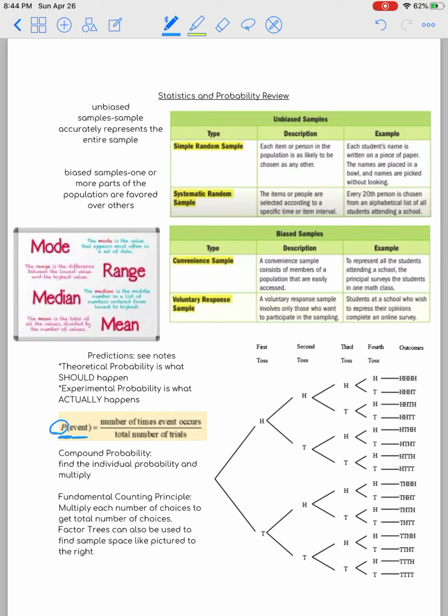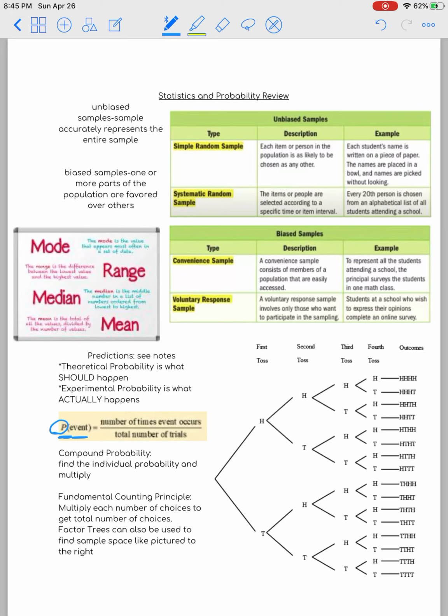P right here stands for probability. What's the probability of the event taking place? And you find that out by taking the number of times an event occurs over the total number of trials. And you can find a percentage by dividing the top by the bottom.